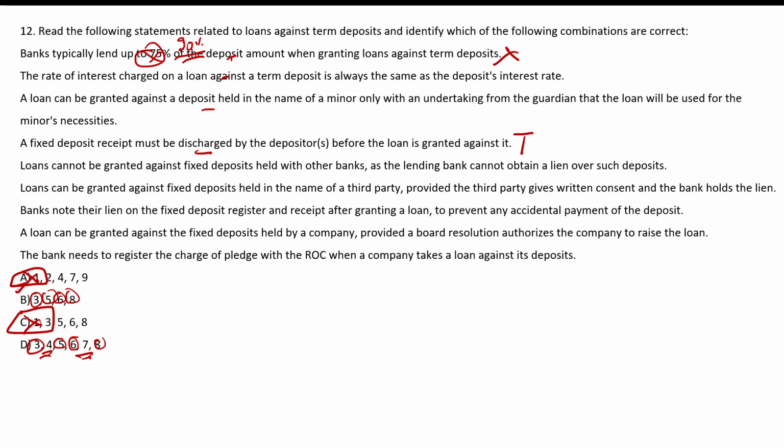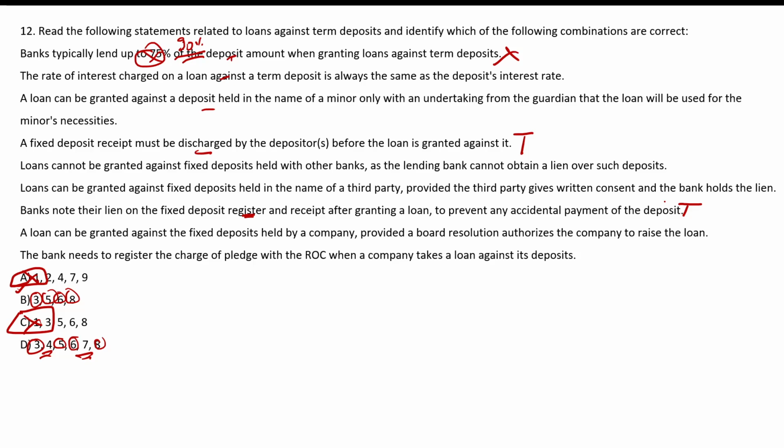You have one more chance to solve this by reading statement number 7. Bank notes their lien on the fixed deposit register and receipt after granting loan to prevent any accidental payment of the deposit. So this is also true.